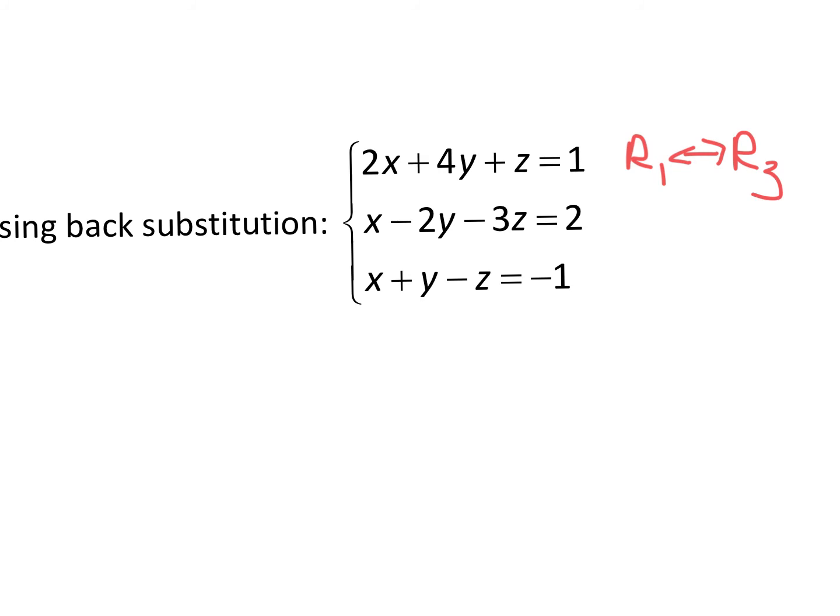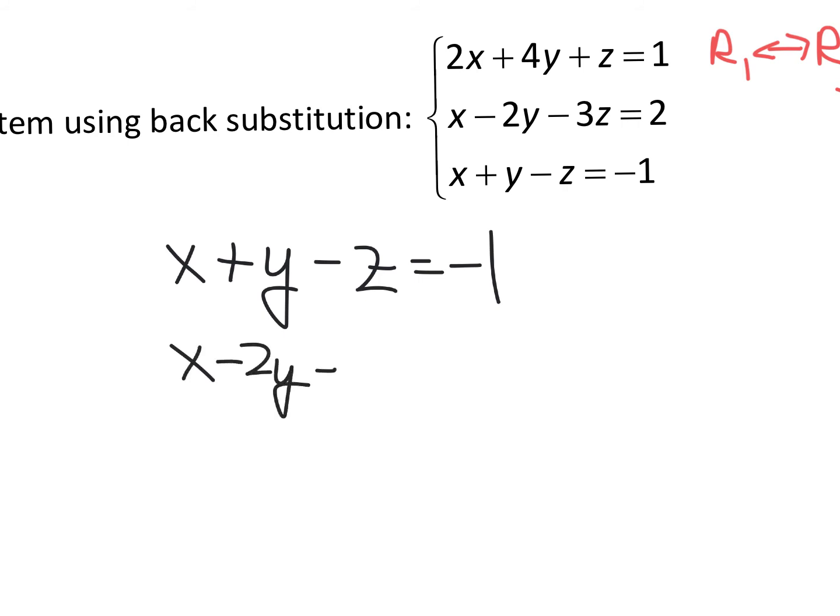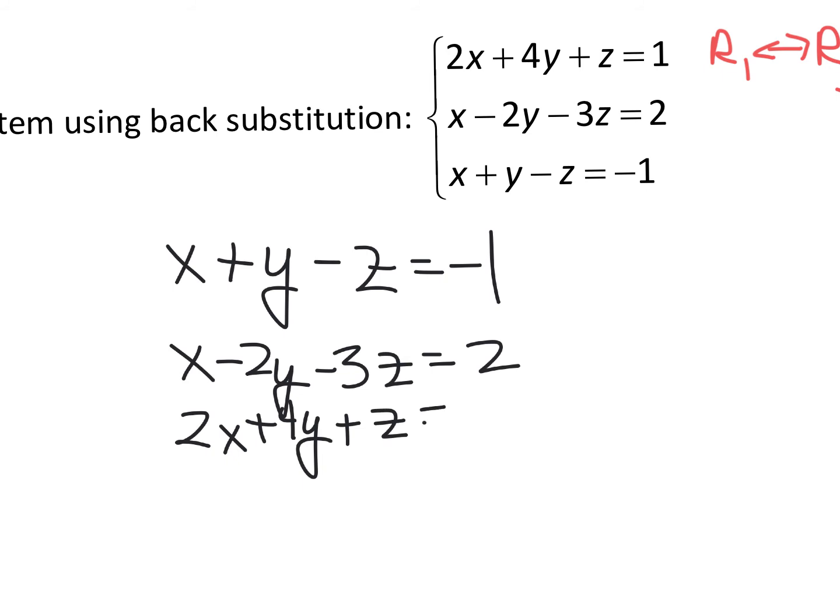Row 1, and those are two arrows going back and forth, swap with row 3: x plus y minus z equals -1, x minus 2y minus 3z equals 2, and then 2x plus 4y plus z equals 1.